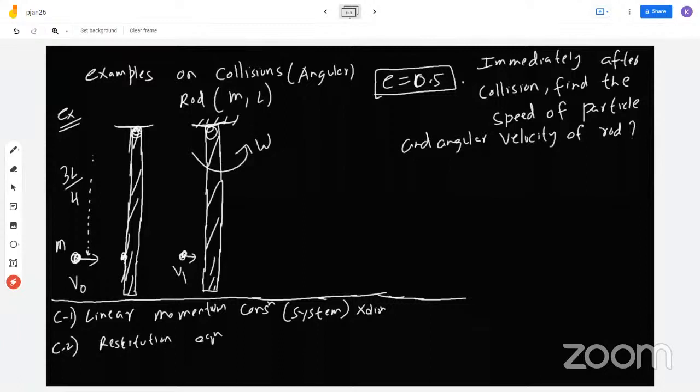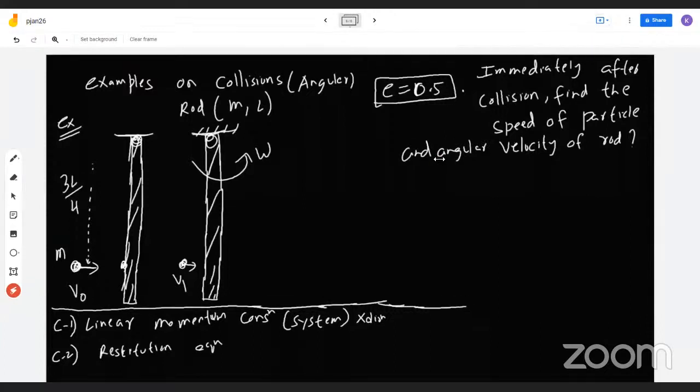There is no force, so it's 0. Okay Ansh, do you agree? Sarthak, do you agree? Keshav, I didn't hear what Aryan said. Do you agree that the net force is 0? Yes, Avanti, the net force is 0 in the x direction on the system of rod and particle.